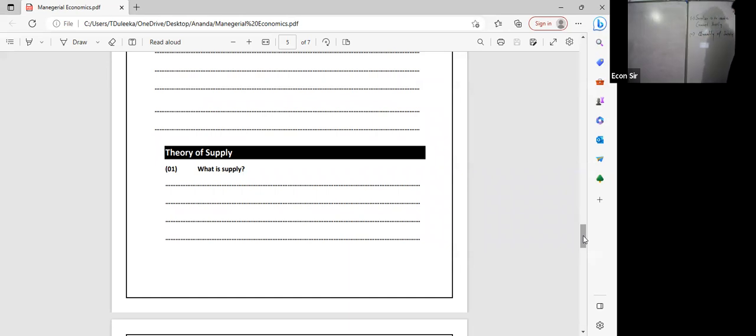That means willing to supply, willing to sell. Quantity of supply. That means the quantity to be supplied, the quantity prepared for sale. Right?